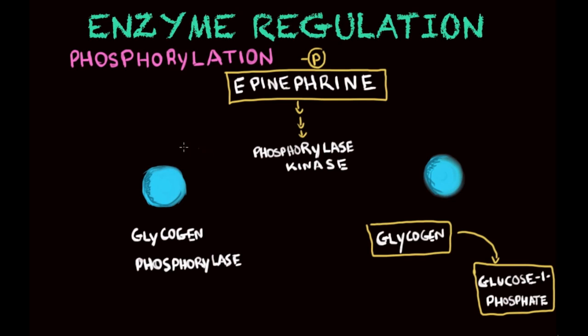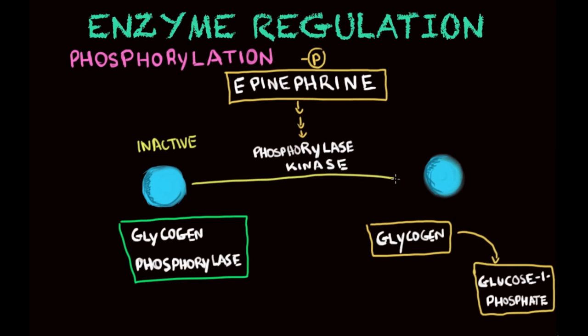Now, the important lesson to take from this example is that glycogen phosphorylase, this enzyme that will help glycogen break down into glucose, is usually found, or at this point is found, in the inactive state. Now, once epinephrine is in the cells, what's going to happen is phosphorylase kinase, this other enzyme, will add a phosphate group here to our glycogen phosphorylase.